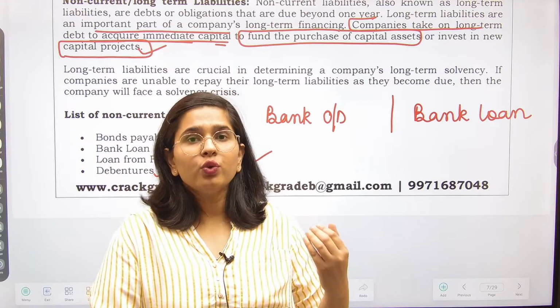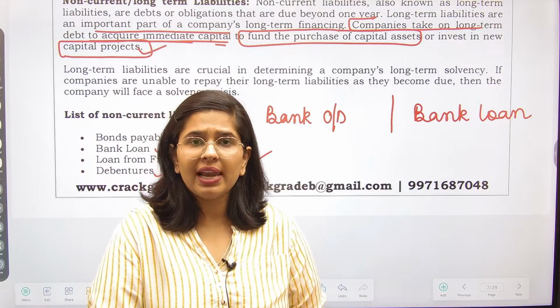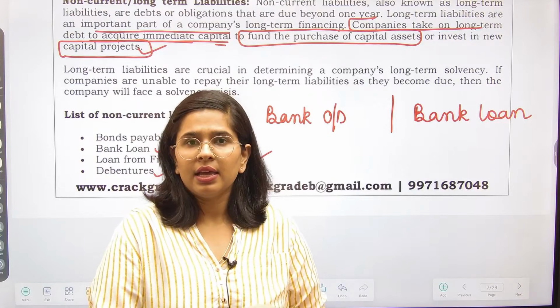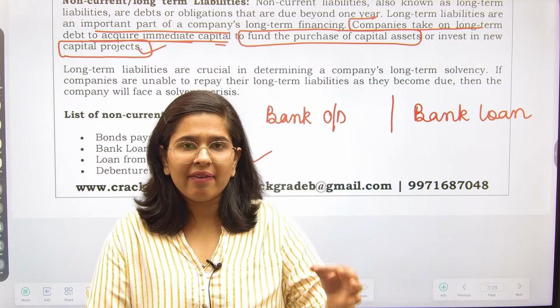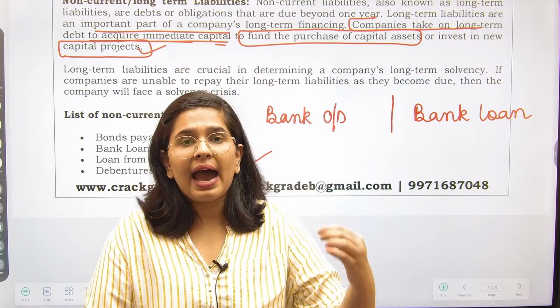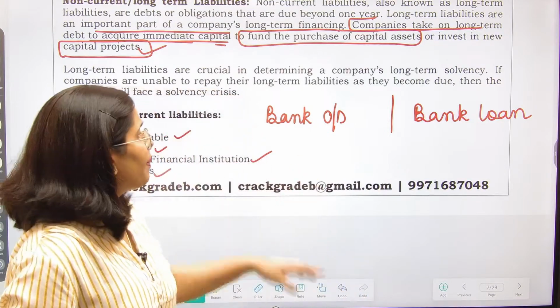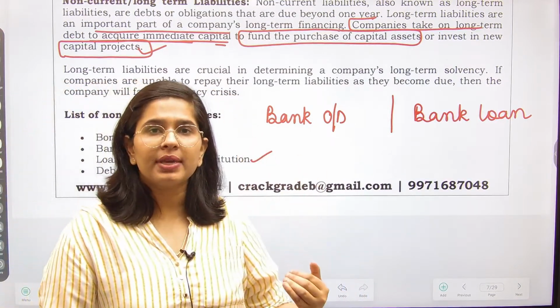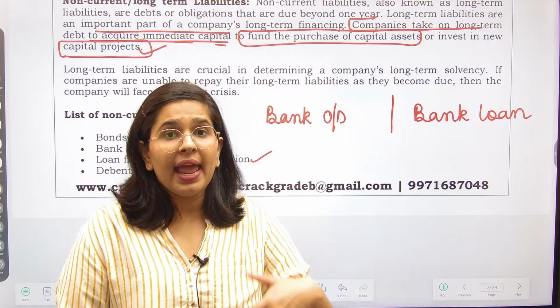Now, if you want to spend, you can spend. Suppose I spent 1 lakh rupees in the current month, right? So I know that by the end of the month, I will receive a bill and I have to pay it to the bank. So similar is the case with the bank overdraft. Overdraft means they are allowing you to withdraw in excess.